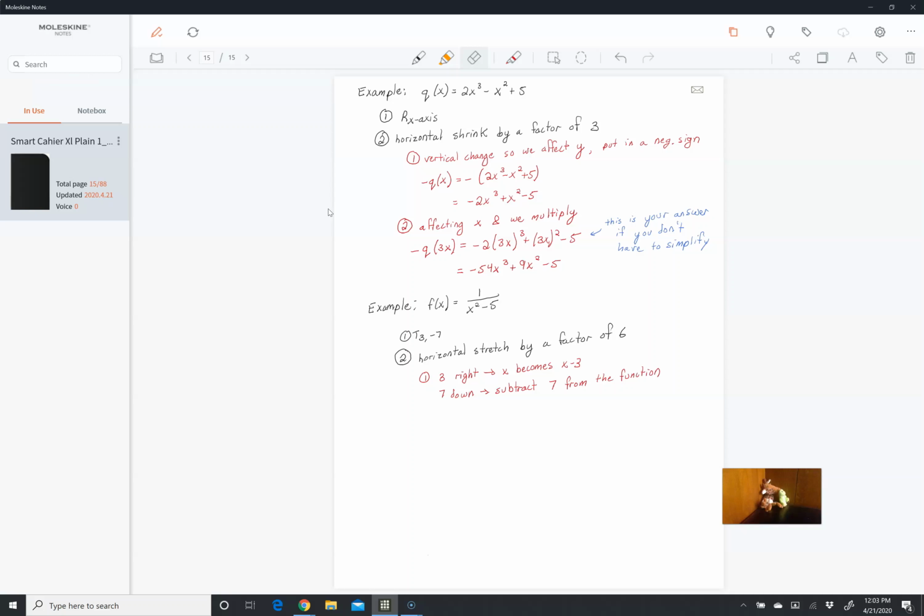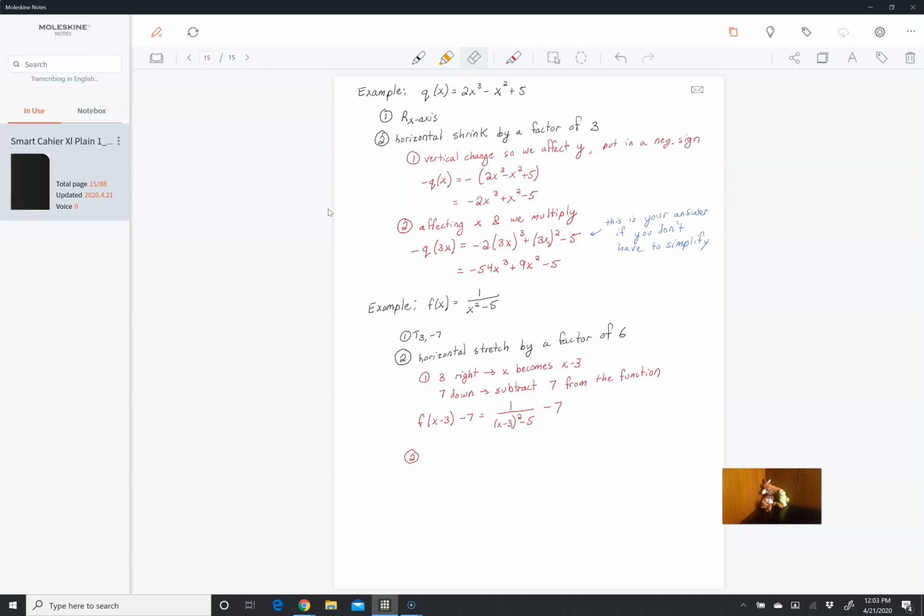Okay, so what does that mean? Our x gets replaced by x minus 3. And then we just tack on a minus 7. Nothing spectacular about that.